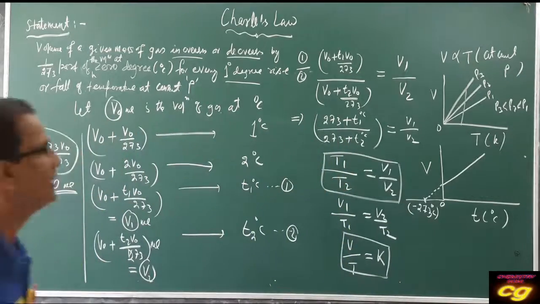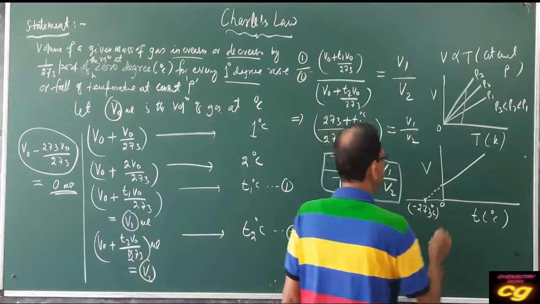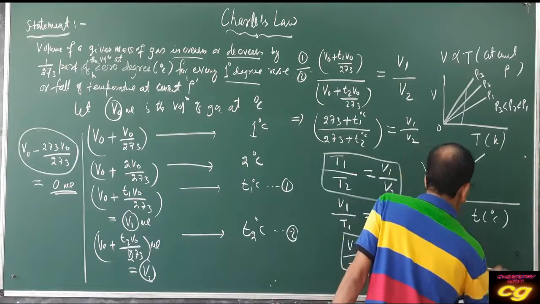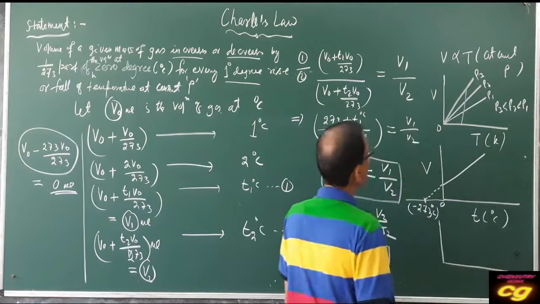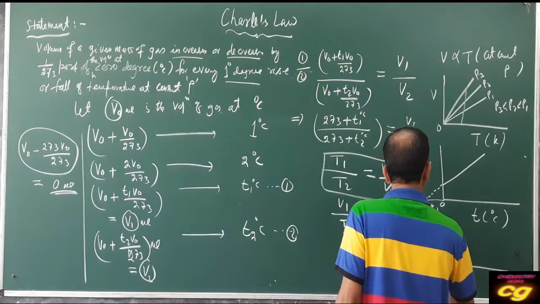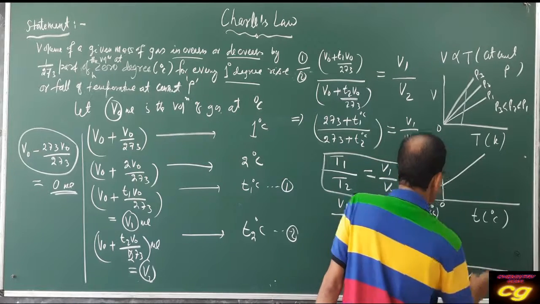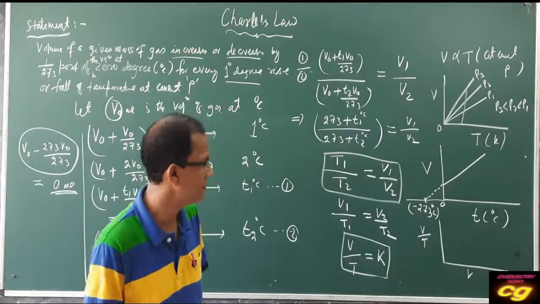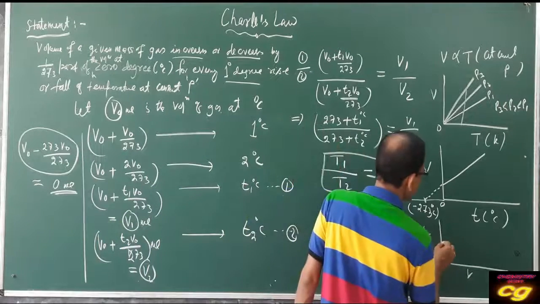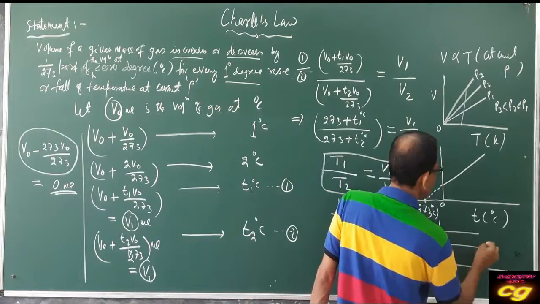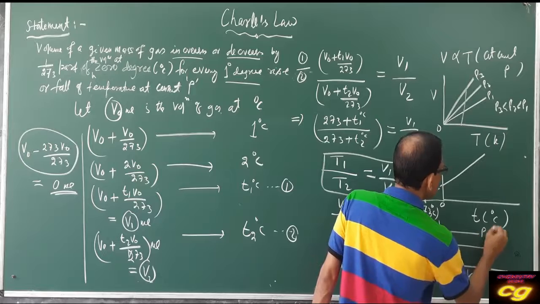Now, if you draw the graph in this way, the graph will be V by T versus V. The graph will be constant. Suppose this is P1, this is P2.